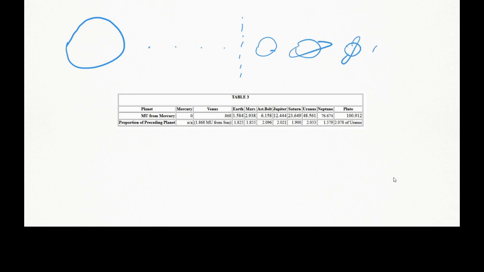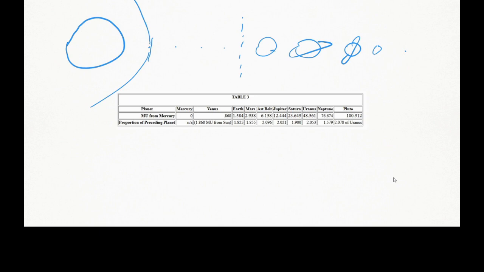but what I want to do here is, instead of taking the distance from the sun of all of the planets, instead of taking this distance, I want to take the orbit of Mercury as being the distance to which we're going to make the measurements.